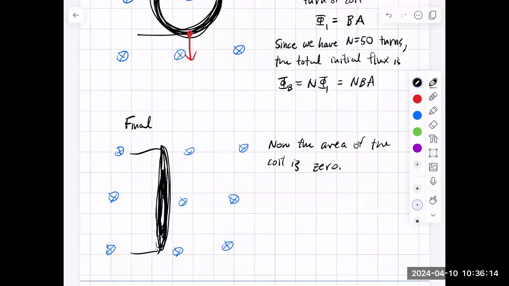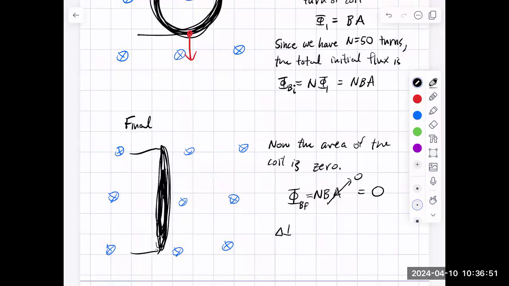So if we wanted to calculate the flux at the end, it's going to be B times A, but this is 0. And so our final magnetic flux is just going to be 0. So let's call this phi B initial, and we'll call this phi B final. We could put a factor of N in here because we have a 50-turn coil, but the area of all 50 loops is 0, so the total final flux is 0.